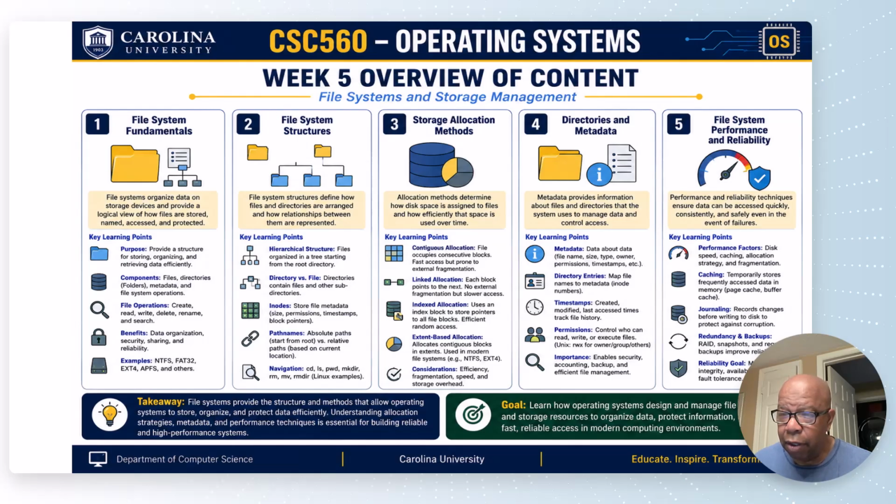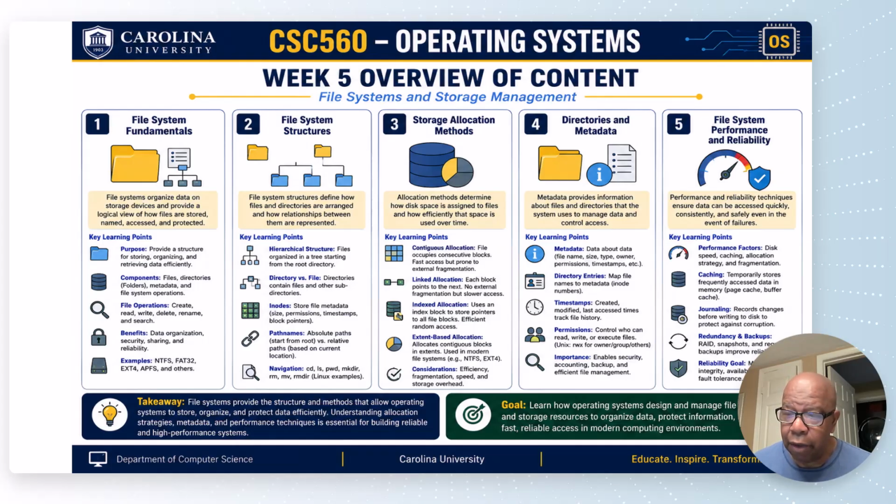Components of a file system are the files and the directories. More commonly, what we use is folders. We talk about putting things in folders. And the benefits we get are data organization, better security, sharing, and reliability. And we have different types of file systems.